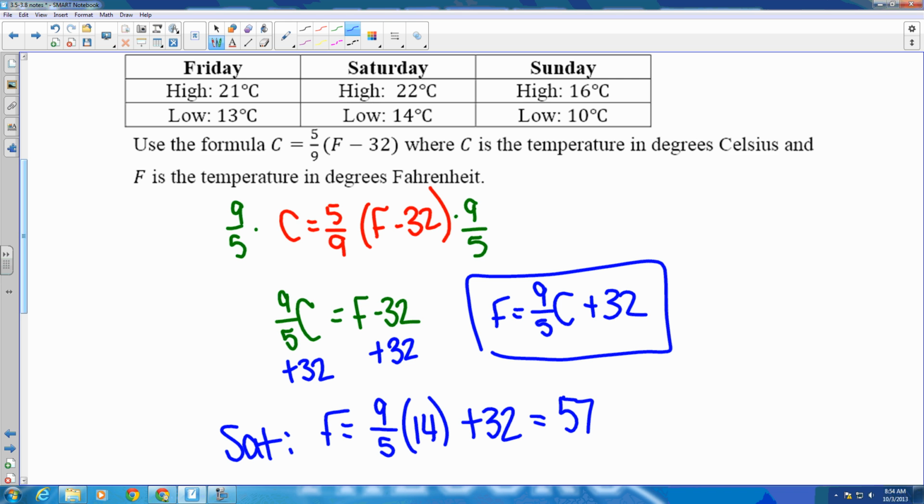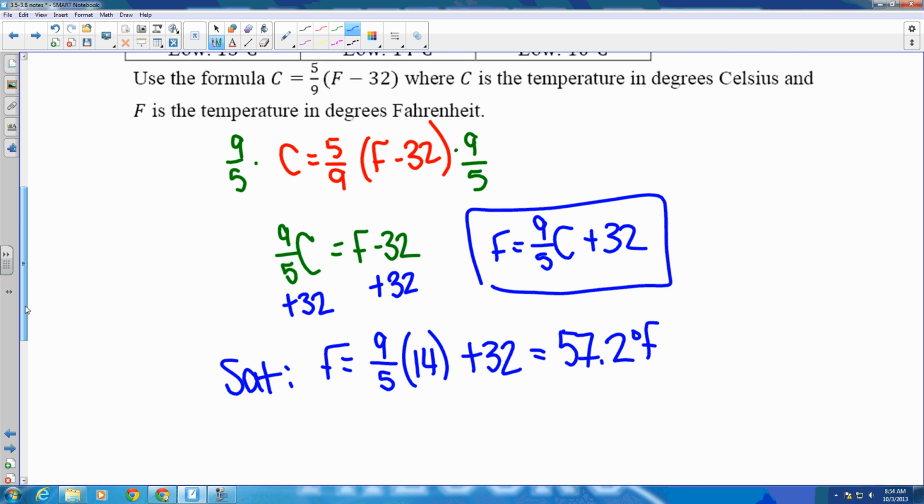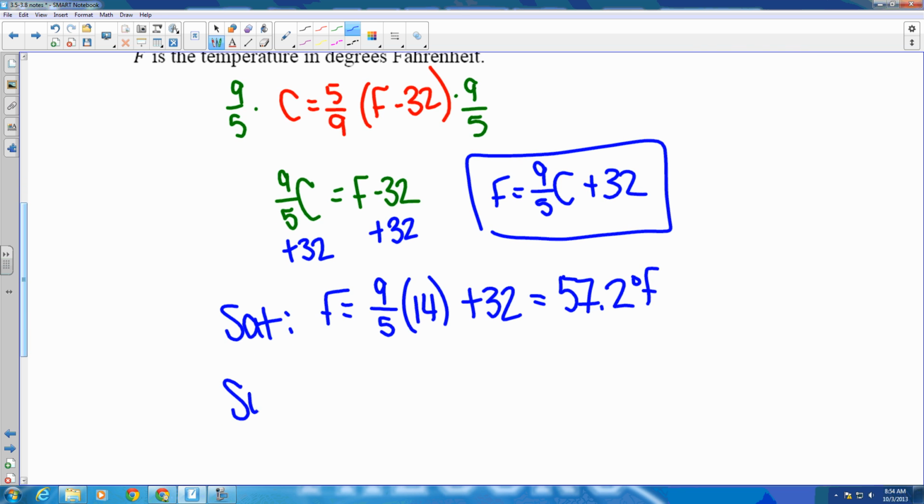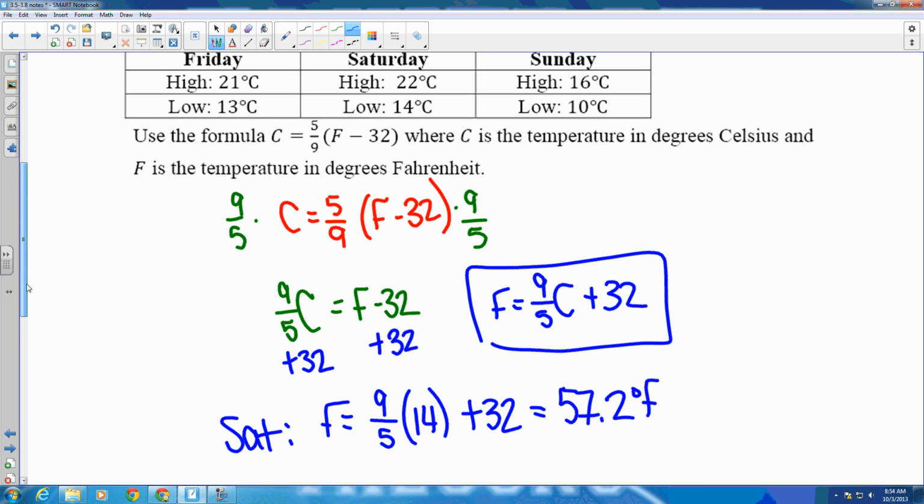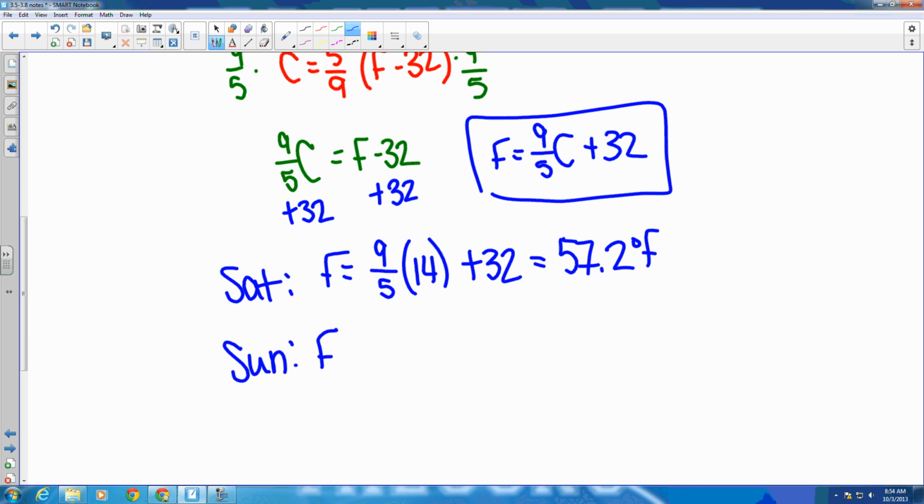In Fahrenheit, that's 57.2 degrees. And we're also trying to find the low temperature for Sunday. Low temperature was 10. 9/5 times 10 plus 32 is 50 degrees Fahrenheit. Okay, and that is all we had left in chapter 3.